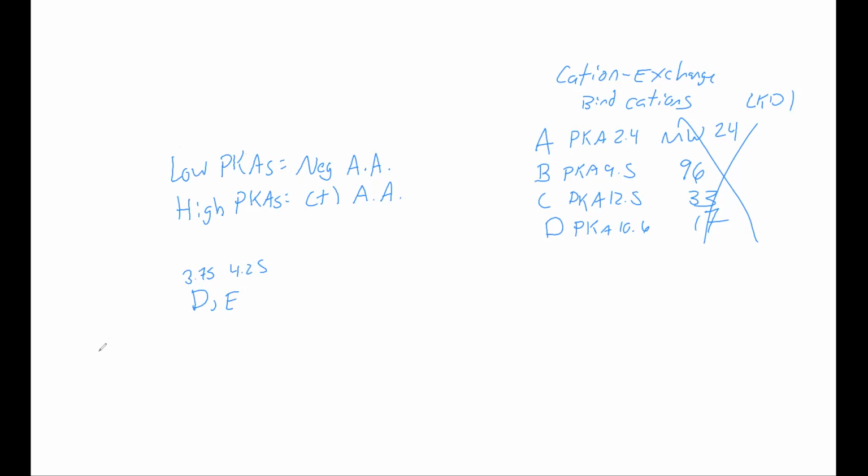And remember, when the pKa is equal to your pH, that's when you become neutralized. You're 50% charged, 50% neutral. So if a protein has a very low pKa, and for proteins, the pKa is where you're neutral.